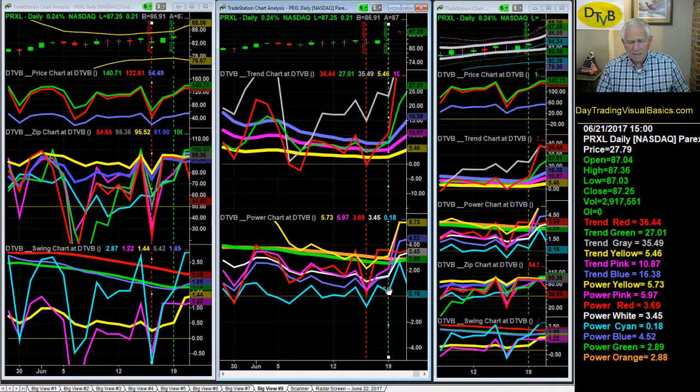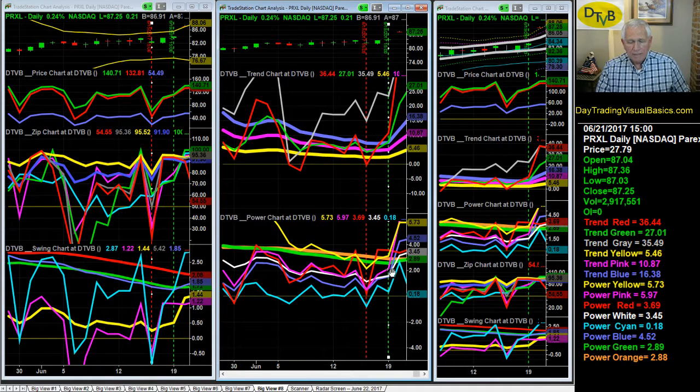We have the cyan and the power red in a right leg W, and we have the power 4, pink, blue, white, and yellow in a 2-day BOC pattern, down, up, up.